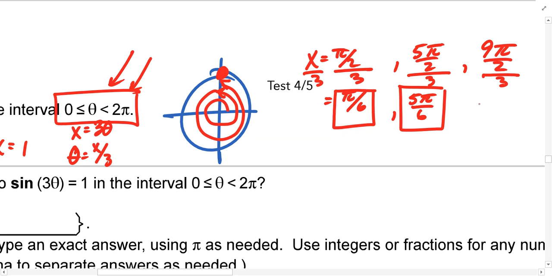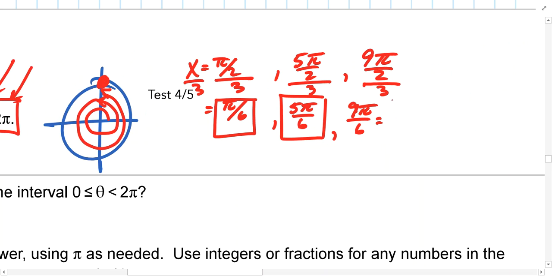Divide that by 3, and now we're looking at 9 pi over 6, which can be reduced. Both of those have a factor of 3, so we'll call this one 3 pi over 2. And there's a third solution.